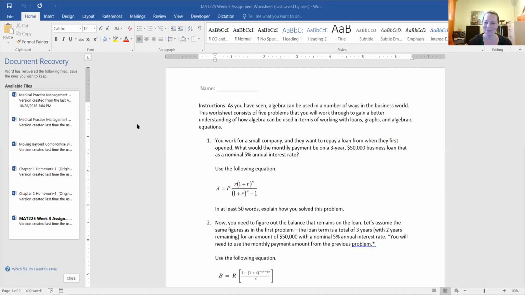So during the break, I made a little chat with Nathan, who asked me to explain how we set up problem 1. So what I'm going to do here is switch to a new screen. Okay.